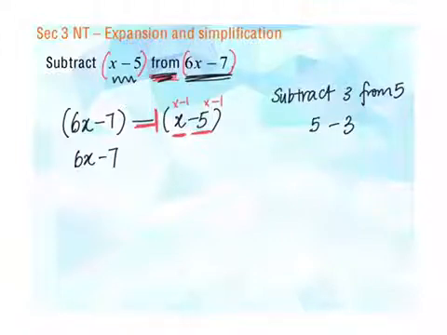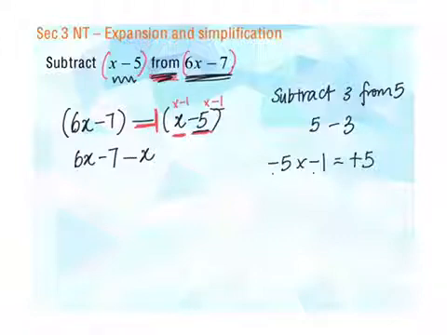So we will have minus x. x times negative 1 gives you minus x. Negative 5 times negative 1. This is multiplication. Negative times negative will give you a positive number. 5 times 1 will be 5. So this will be plus 5.